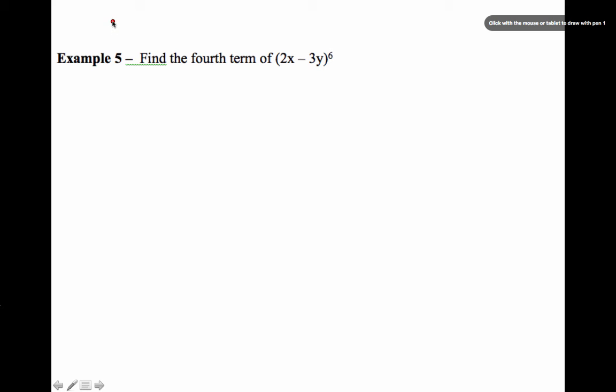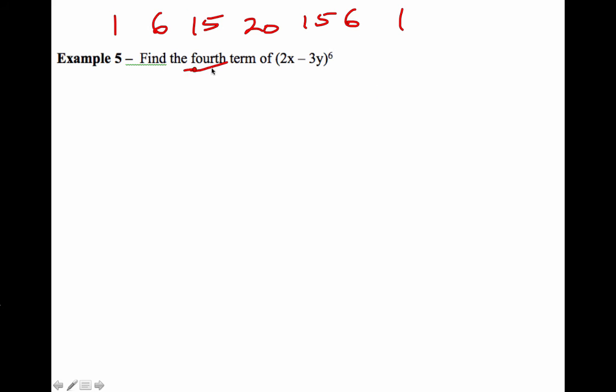So I get the sixth row is 1, 6, 15, 20, 15, 6, 1. So if they want the 4th term, you're going first term, second term, third term, 4th term.